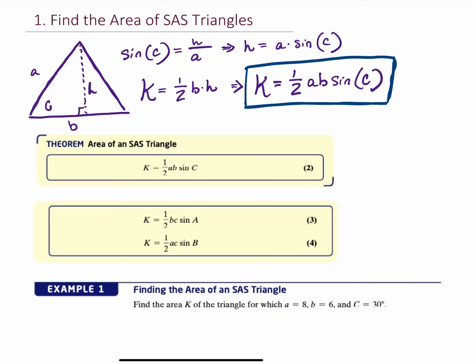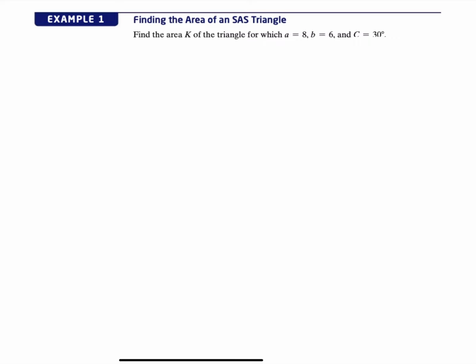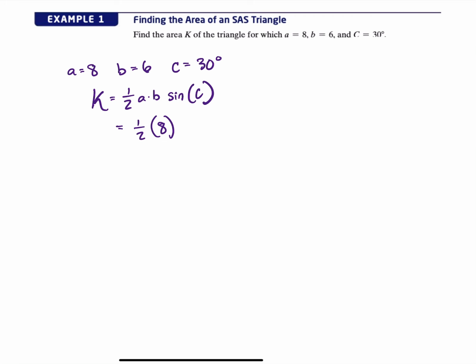All right, so let's just practice using this in an example. It says find the area K of the triangle for which A equals 8, B equals 6, and C equals 30 degrees. So our area K, we said, is 1/2 A times B times the sine of angle C. So that would be 1/2 times 8 times 6 times the sine of 30 degrees.